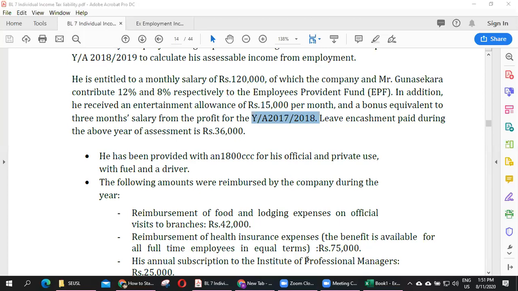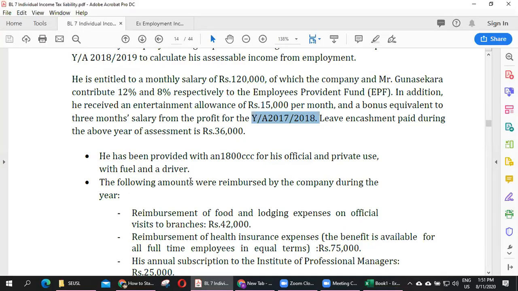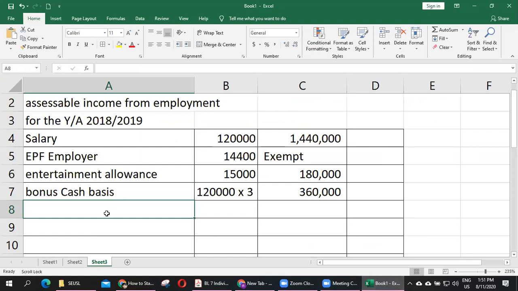So therefore we have to include it. And leave encashment paid during the year of 36,000. Leave encashment is an income.